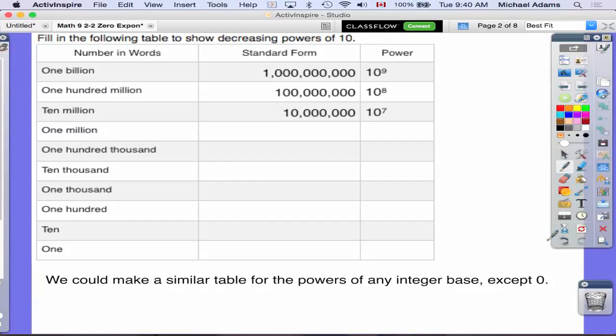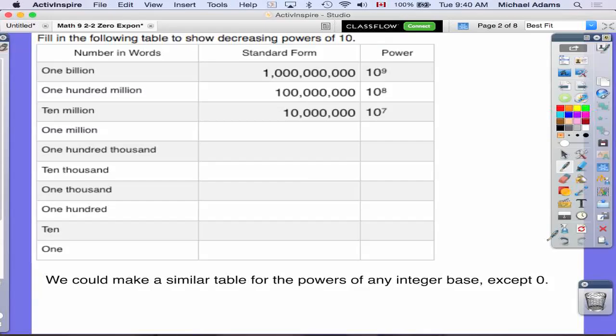Now, if I write out 100 million, this is what it looks like, and it's 10 to the exponent 8. How do we figure out what exponent to use? When we deal with powers of 10, we just have to count up the number of zeros. So 1 billion has 9 zeros. So as a power of 10, we just say it's 10 to the exponent 9.